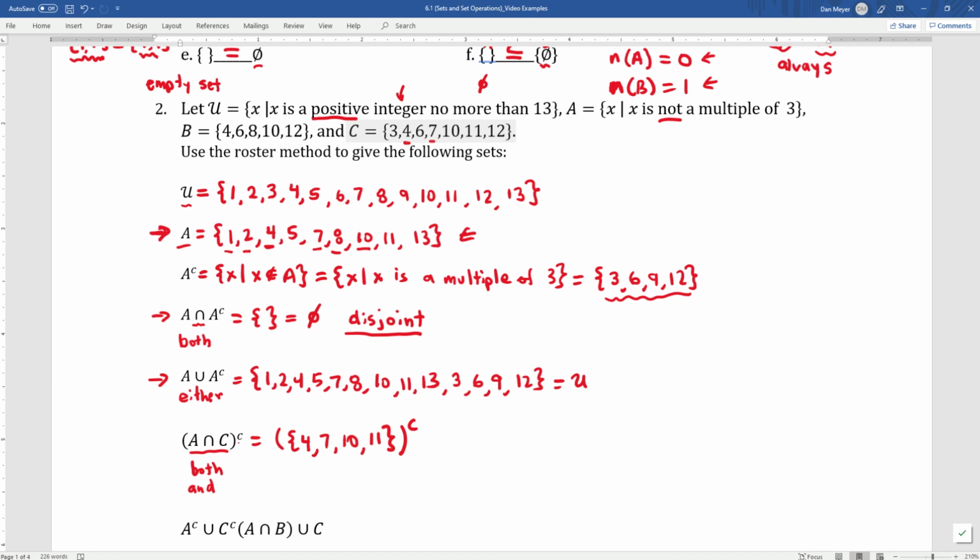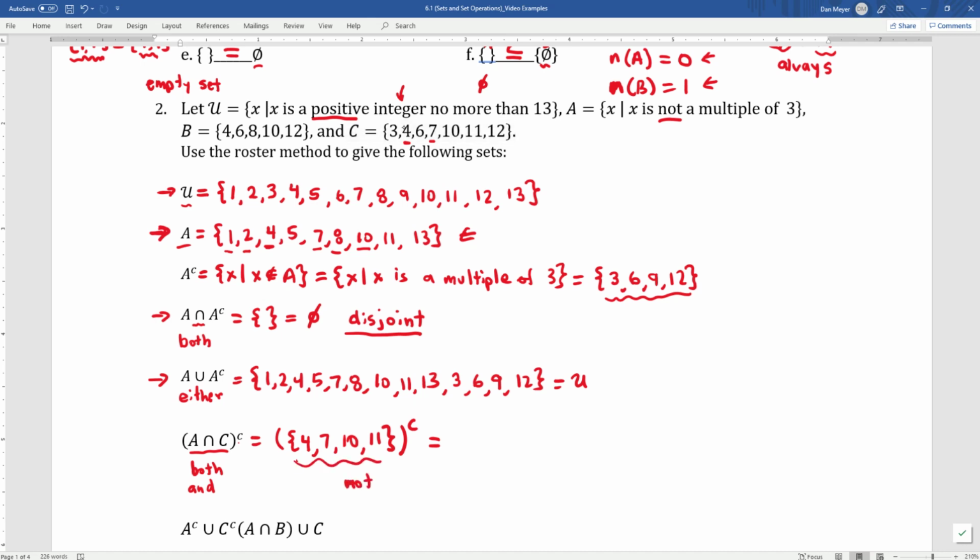And now we want to find the complement of that set, which means we have to refer back to our universal set to find all of the things that are not. Remember, the complement is all the things that are not in this set.